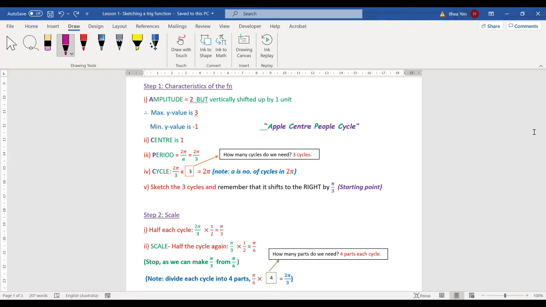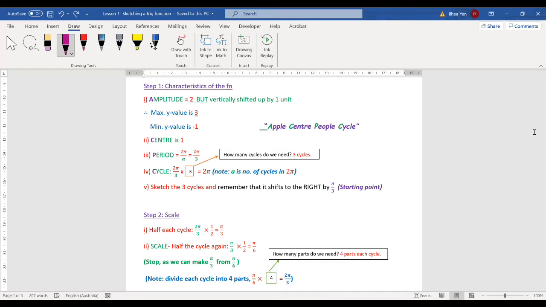So everything is going 1 up. So instead of 2 on a scale, your maximum value will be 3 now. Your minimum y value will be minus 1 because the center has changed from 0 to 1.